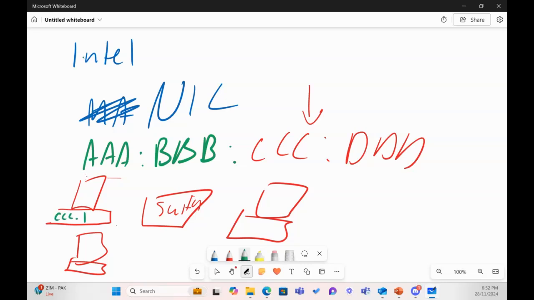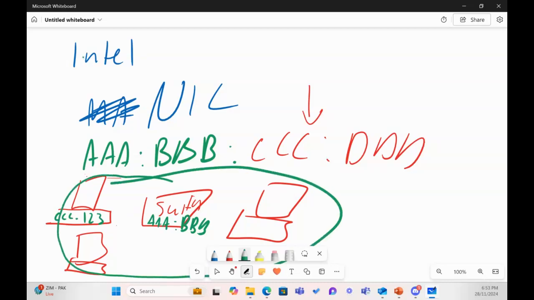Maybe that's CCC 1, 2, 3, A, B, B, B, and so on. Even if they're somewhere else in the world, it doesn't matter, as long as on this local area network, these MAC addresses are different. Okay, that's really important. And the odds are incredibly unlikely that on the same network you're going to get two NICs with the same MAC address.